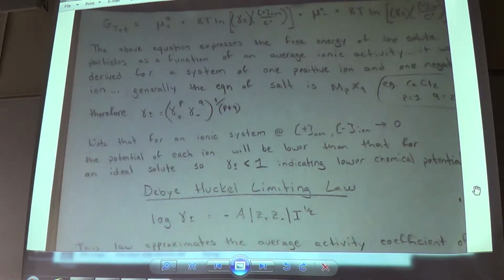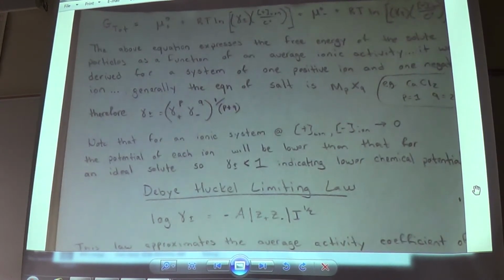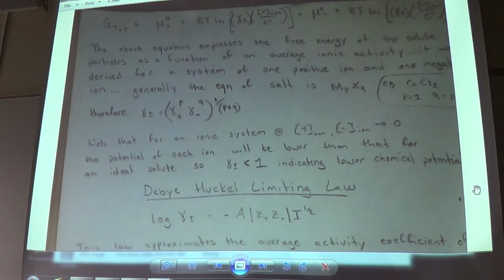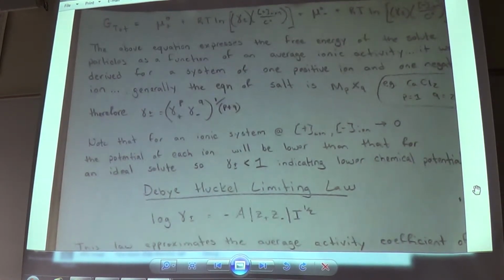So we have this new term for the chemical potential, and it goes as these activity coefficients. The real equation is 1 over p plus q, not 1 over 3.